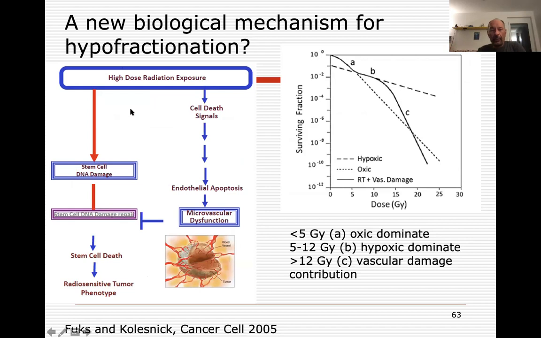So that instead of using the usual mechanism when you have radiation exposure, stem cell DNA damage, failure of the DNA damage repair, stem cell death, and then you essentially kill the tumor, you go through another pathway where you have cell death signals, endothelial cell apoptosis, and microvascular dysfunction.